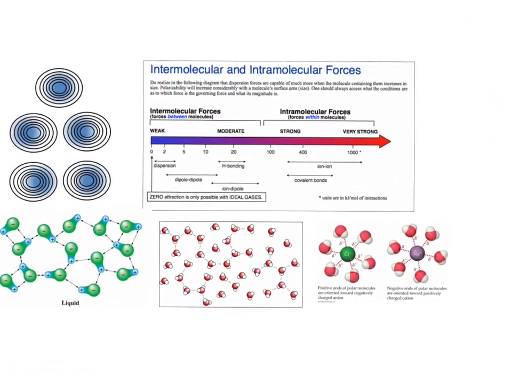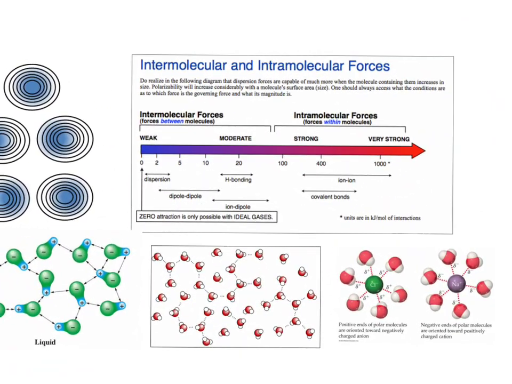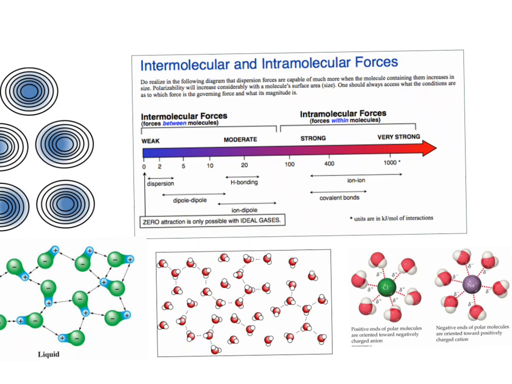Okay, so let's take a look at what we've got here. This is our comparison between intermolecular forces and intramolecular forces. So intra. The intramolecular forces are things that take place within one molecule.